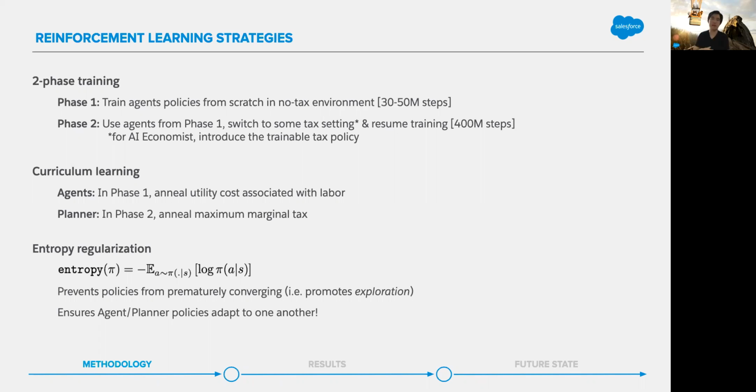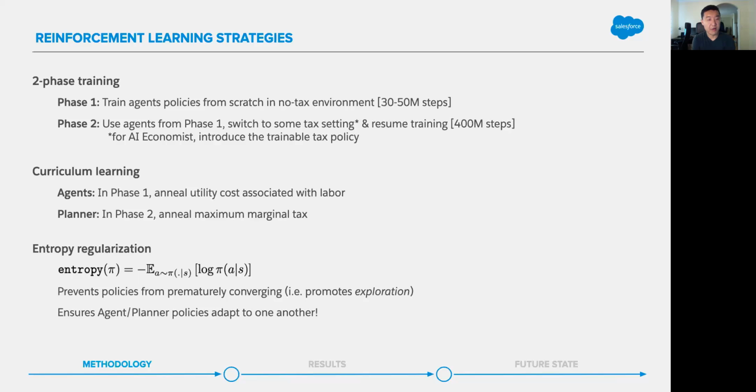Another way of thinking about that is that it promotes exploration for these policies. But because you apply entropy regularization to both the agents and the planner, you essentially are giving both these models more time to adapt to each other's changing behavior. It sort of ameliorates the changes that you see in the policies. And again, this helps with stability in this two-level reinforcement learning setting.